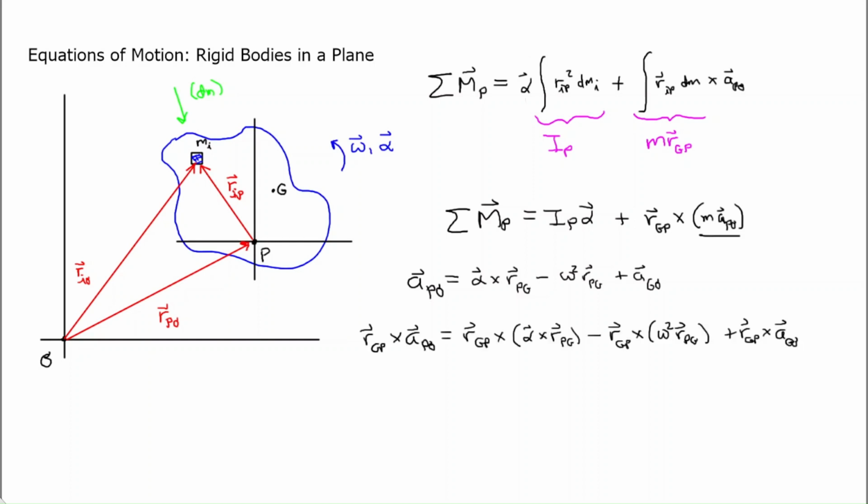So what we've done here is we've substituted, in place of A sub PO, this whole thing, so R sub GP cross all of these terms. Now we're going to get some similar things happening that we did earlier in our discussion.